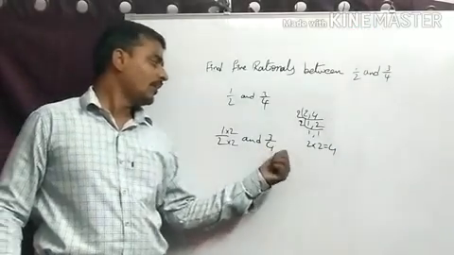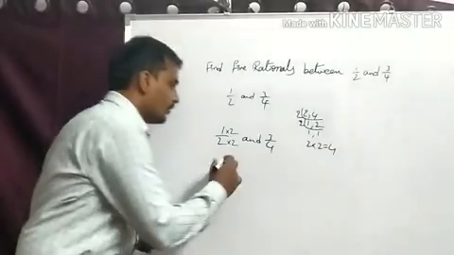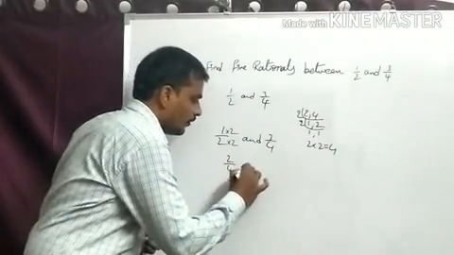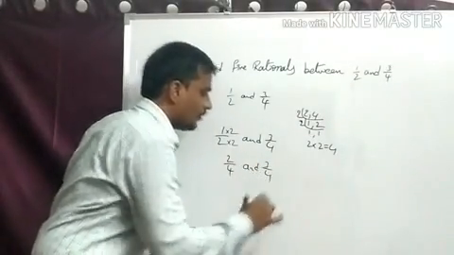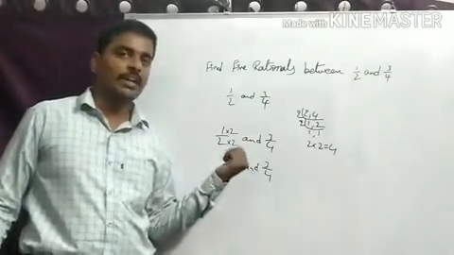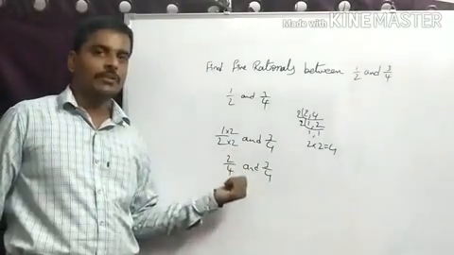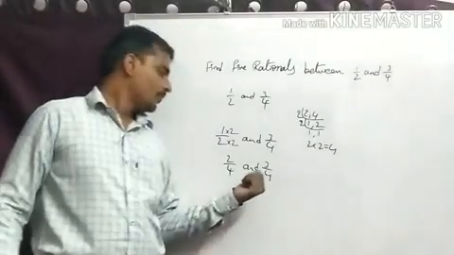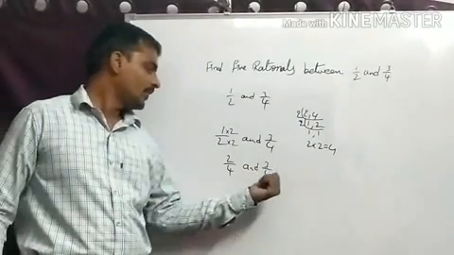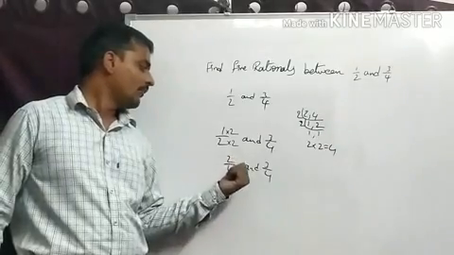So leave the fraction like that. Now the fractions change to 2 by 4 and 3 by 4. Don't think that we are changing the value of the given fraction, we are just presenting the given fraction in another way.